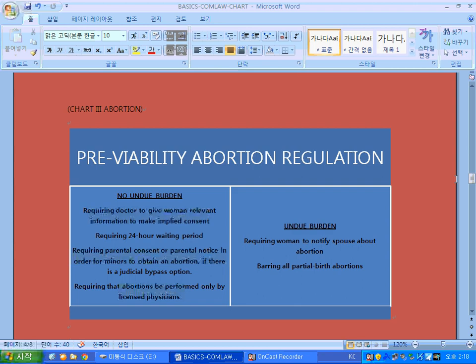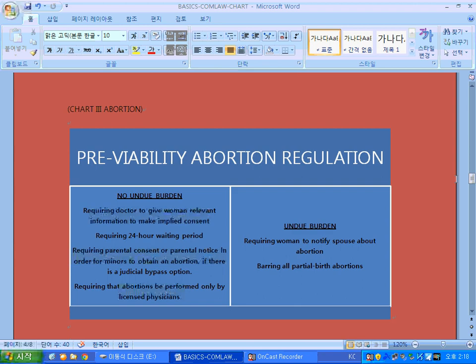However, it did uphold a requirement that the woman give a written informed consent to the abortion and that she be of a certain age or maturity in order to consent.